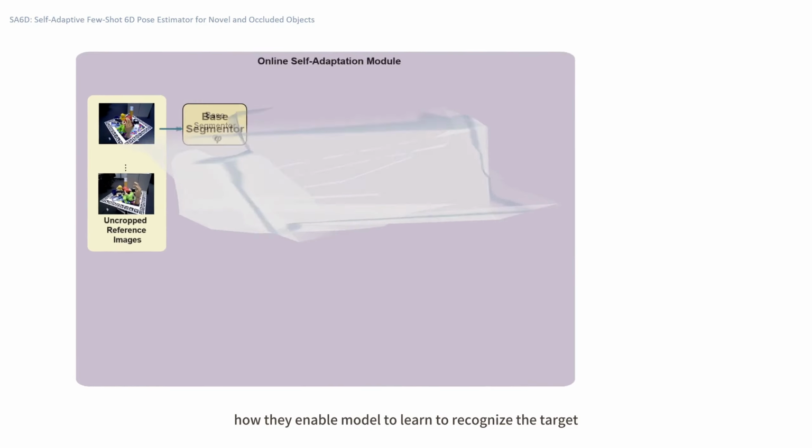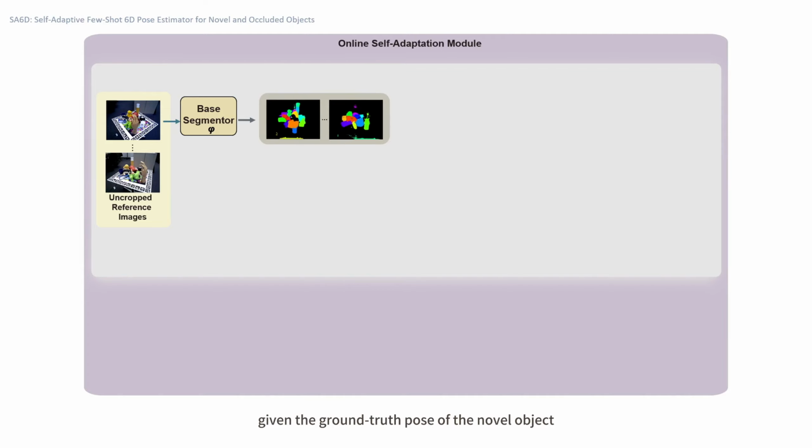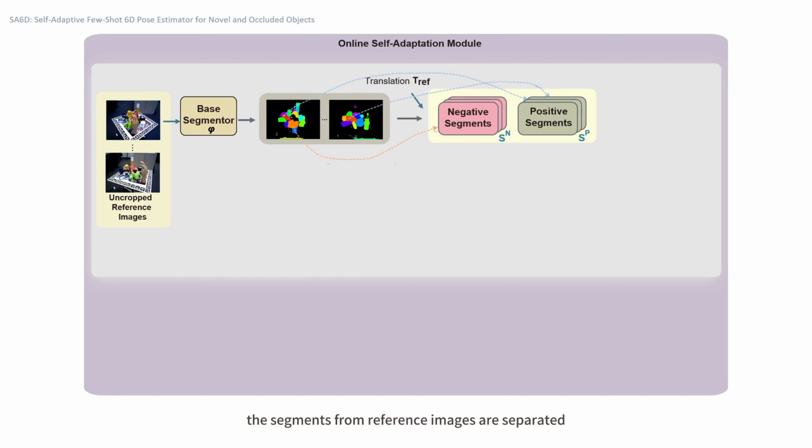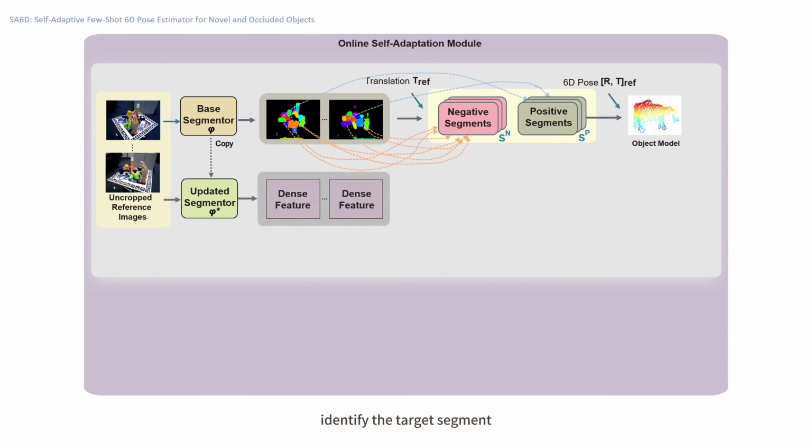Therefore, how to enable a model to learn to recognize the target segment in an online fashion is crucial. Specifically, given the ground truth pose of the novel object, the segments from reference images are separated into positive and negative sides, where only the segments including the novel object are considered as positive. The updated segmenter is used to identify the target segment. For each reference image, it predicts a dense feature, which is grouped by the segmentation from the base segmenter.